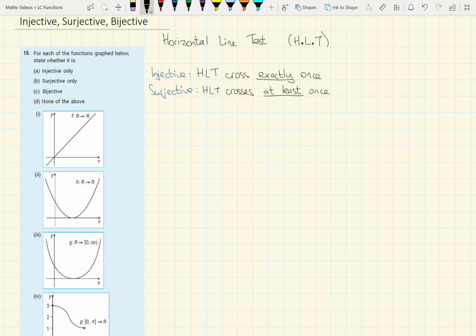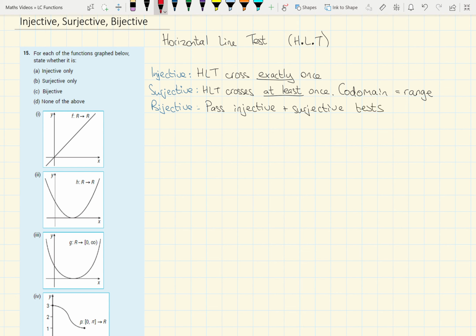These two are important, the difference between them, and also another condition: our codomain and range must be identical. And then if we have a bijective function, it will pass our injective and surjective tests.